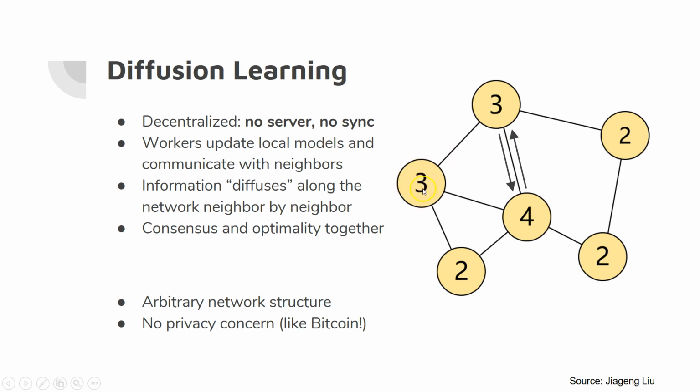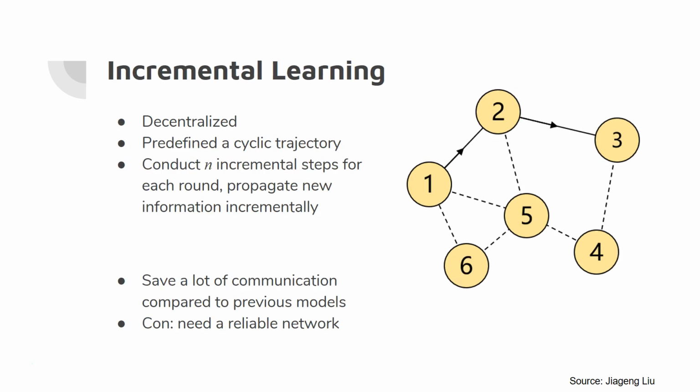So the information diffuses along the network from this one to this one, even if they are not directly connected. And we can reach consensus as well as optimality altogether. Another thing is, in this case, we can have an arbitrary network structure, and there is no privacy issue.